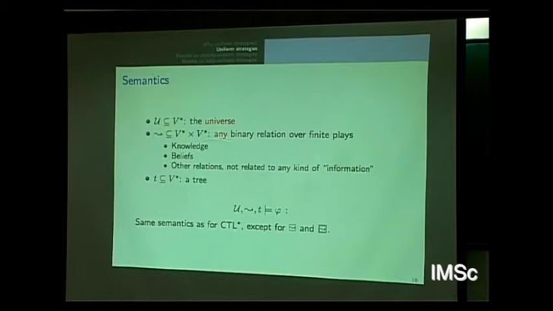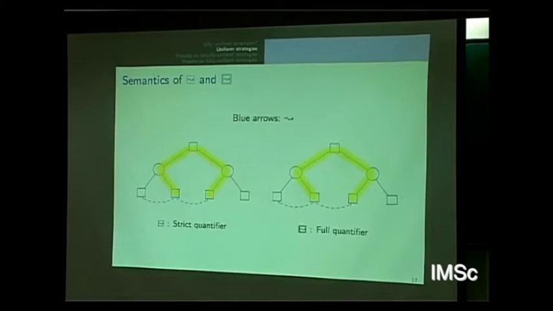It can be any relation you want to use for some motivation. And you evaluate a formula in a universe, a relation, and a tree. And the semantics is just as for CTL star, except for these two quantifiers. I don't give the formal semantics, I just give the intuition on this small example.